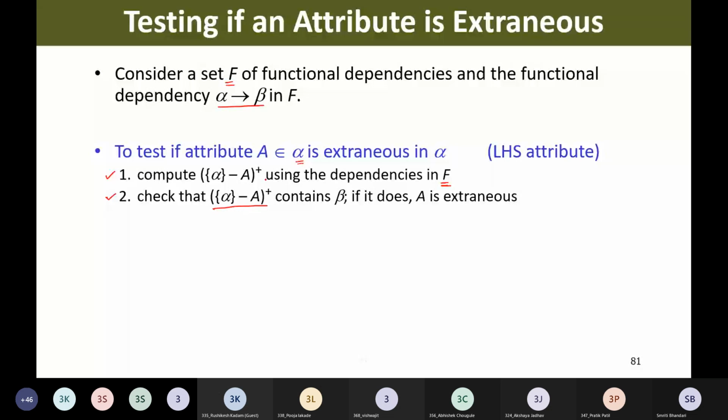If this closure contains the right hand side of the dependency, then I can declare that A is extra.